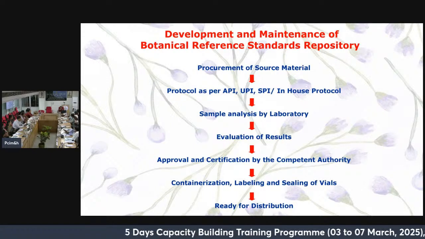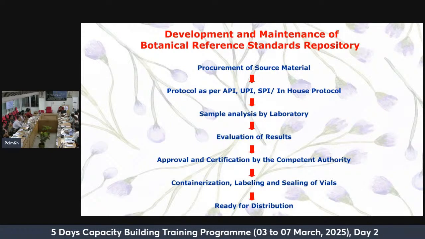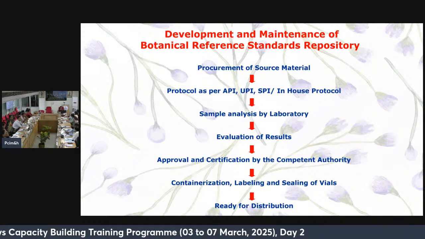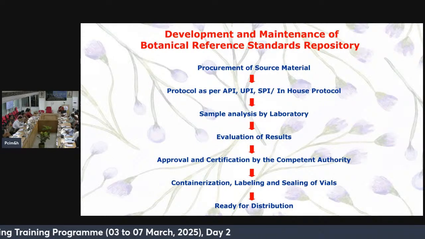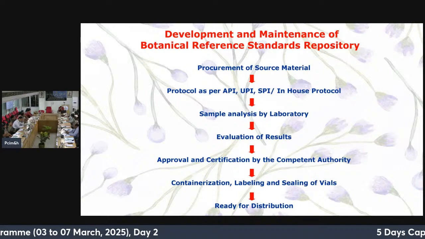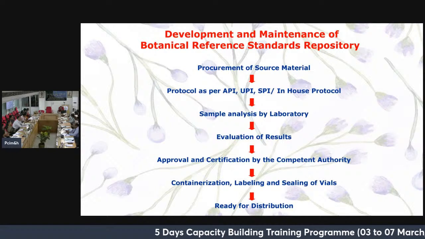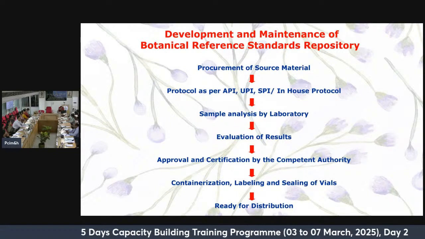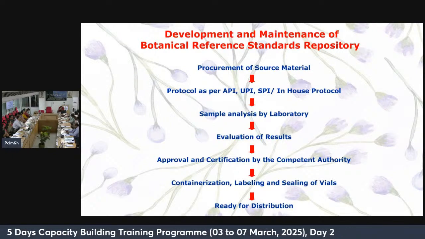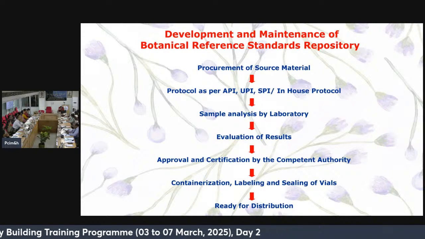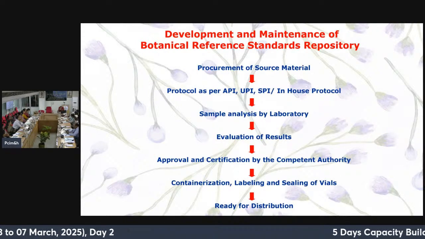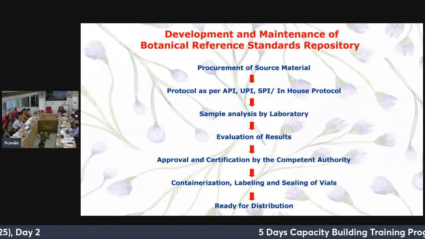If the result is developed, it is verified by an expert, a person who is a master of this part, so it is authenticated by the competent authority. Then after all the process, the material is kept in storage or filled into vials, and is then ready for distribution.